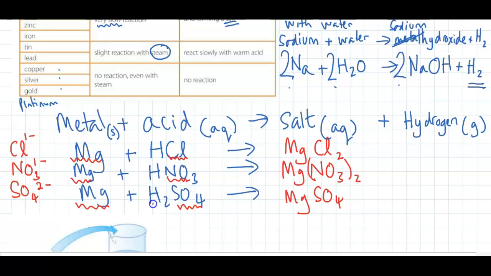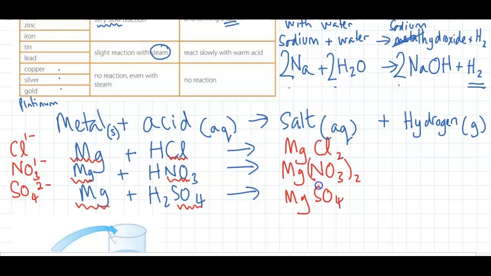That explains why you need 2 H's to go with the SO4 in sulfuric acid. Magnesium is in group 2. It's 2+. For every 1 magnesium 2+ ion, I need 2 chloride ions, and I need 2 nitrate ions. But I only need 1 sulfate ion because sulfate is 2-.